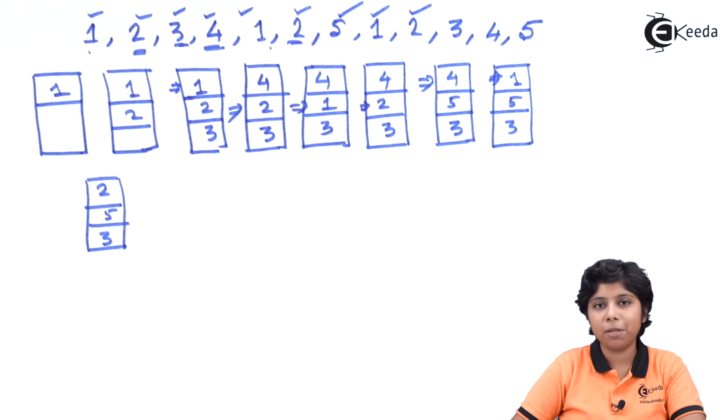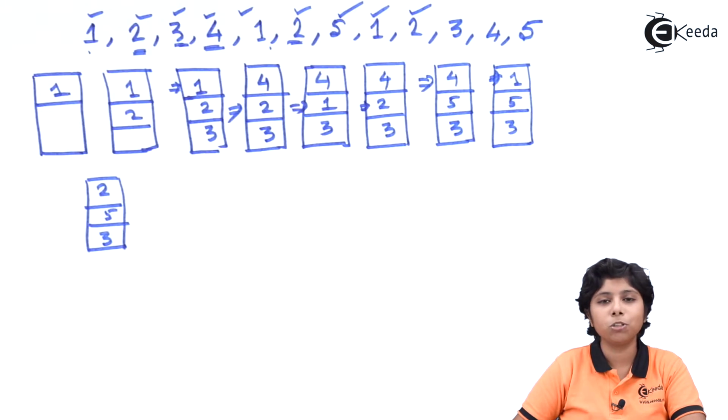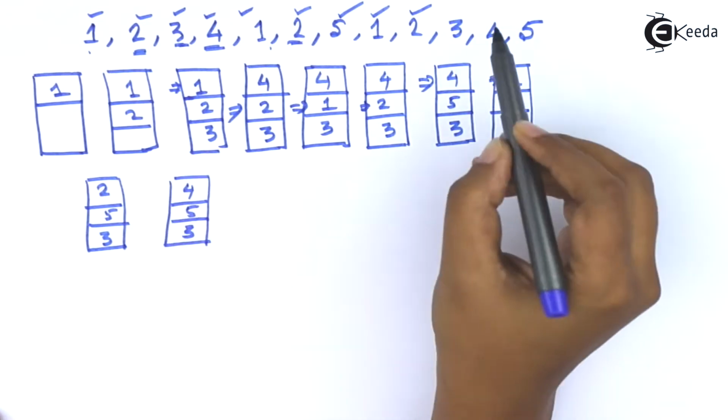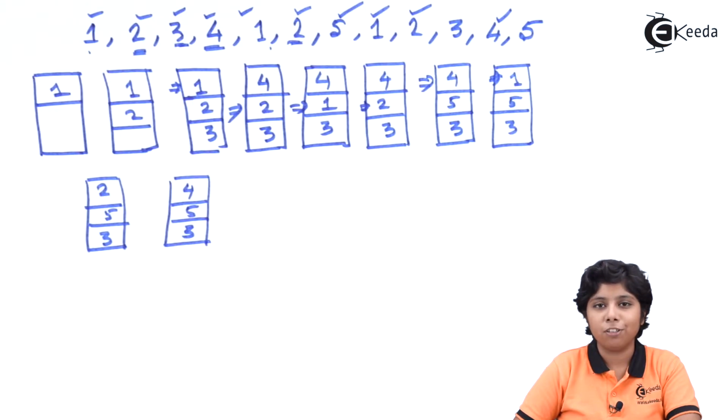Now when 4 is coming, it will cause a page fault and it will replace 2, as 2 was the most frequently used. And 5 will not cause a page fault. So the final number of page faults here is 10.